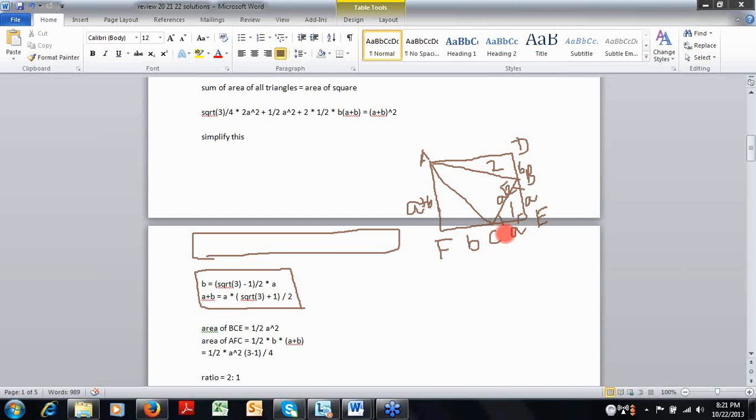Is that correct or not? Hope you are okay with that. Then see, this is 60 degrees, so these two need to be symmetrical. That can be possible only if these two angles are equal.